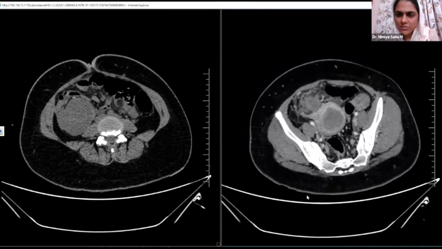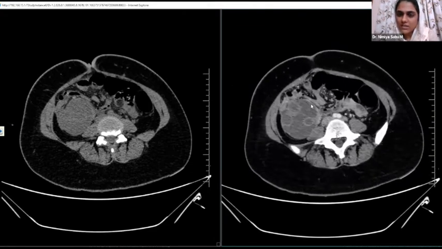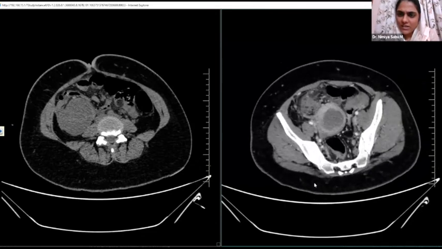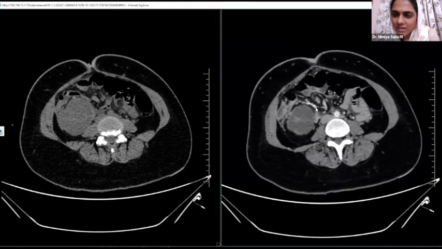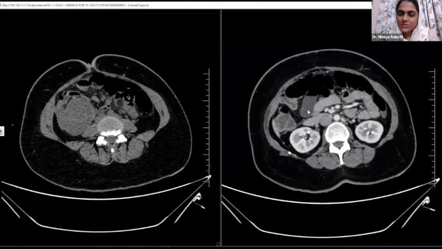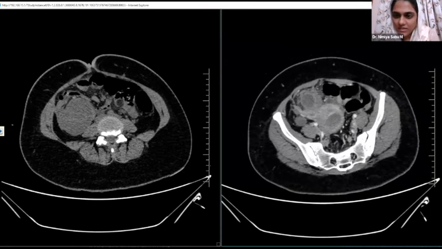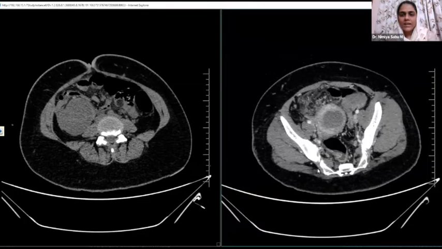The aforementioned lesion appears to be a cystic lesion with enhancing walls and enhancing septation. Another midline structure, probably the uterus, appears to have a central hypodense area, which appears to be hypoenhancing, while the periphery of the area appears to be enhancing.